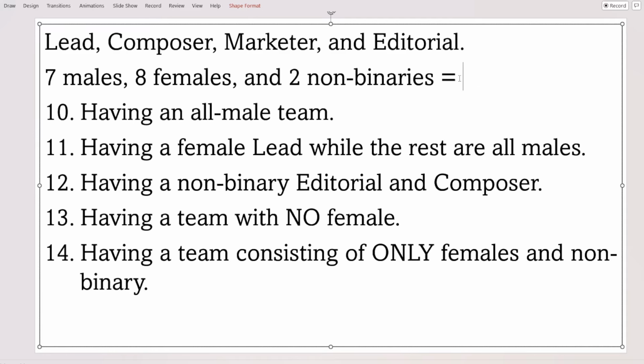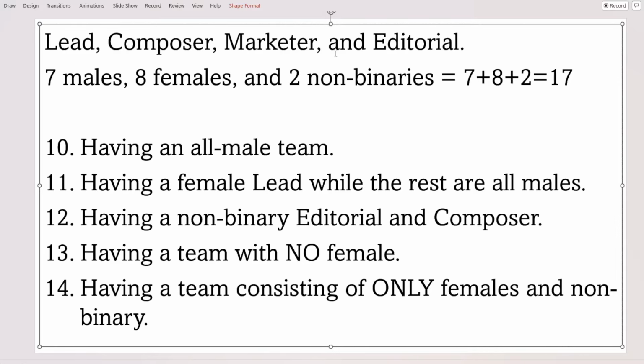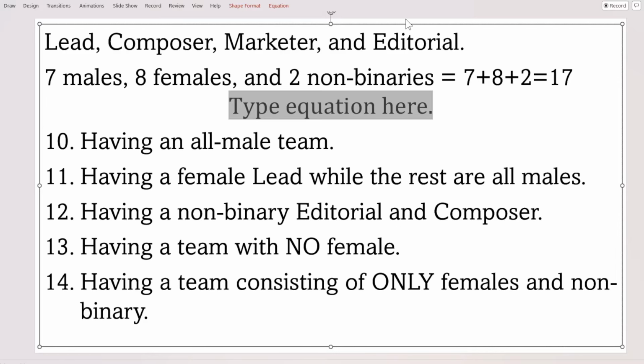Okay, so let's establish this first. We have 7 males, 8 female, and 2 non-binaries. That means we have 7 plus 8 plus 2 choices. That means we have 17 possible choices. Okay, 17 different people.